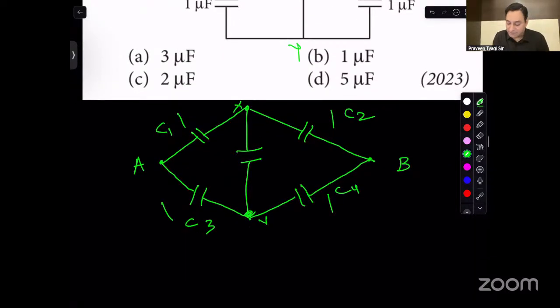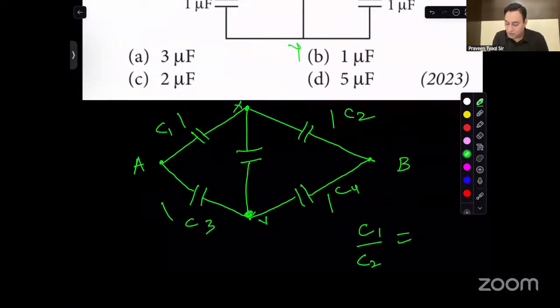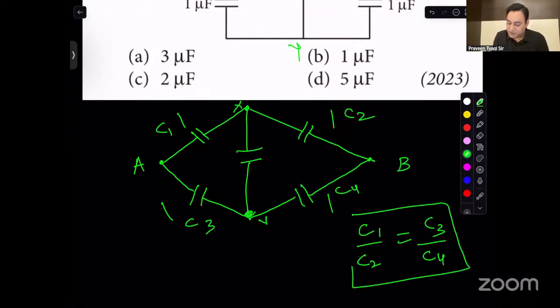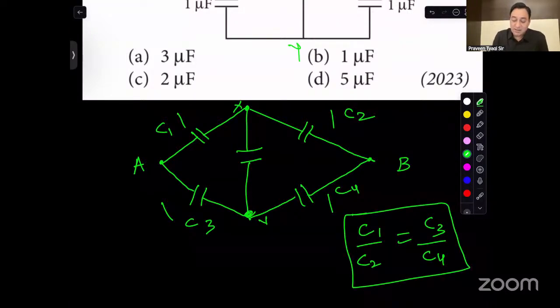If C1 is this, suppose C2 is this, C3 is this, C4 is this. In general, if C1 by C2 is equal to C3 by C4, this is called a balanced Wheatstone bridge. And if a balanced Wheatstone bridge is there, you can simply remove this capacitor and it will have no role. So you do away with this, and these 2 capacitors will become parallel.